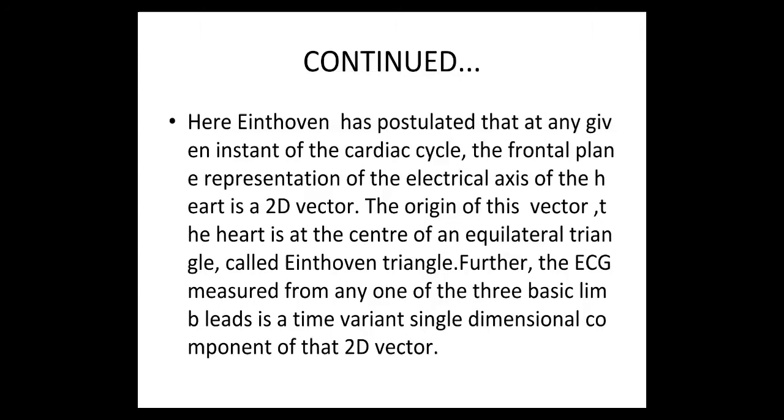The origin of this vector, the heart, is at the center of an equilateral triangle called Einthoven triangle. Further, the ECG measured from any one of these 3 basic limb leads is a time variant single dimensional component of the 2D vector.